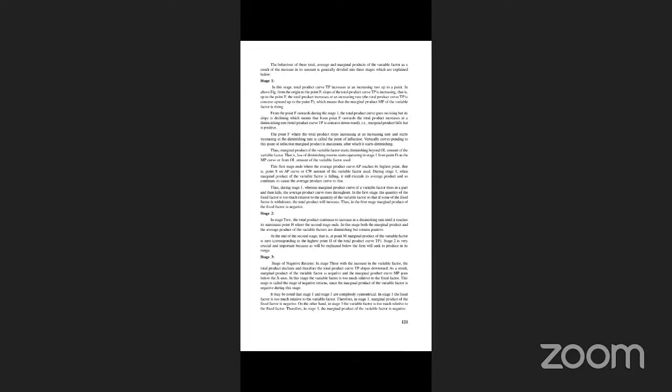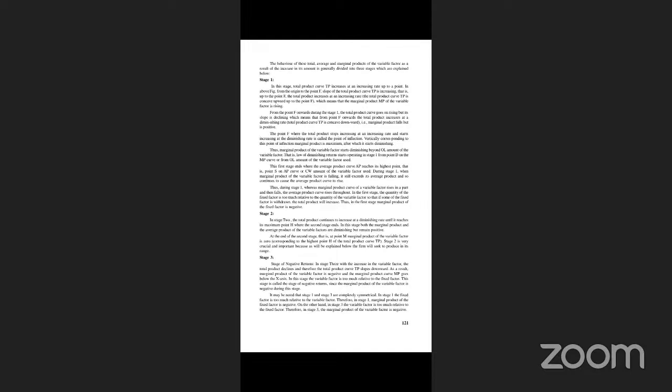Stage 1 is increasing. So the behavior of the total, average, and marginal products is generally divided into three stages.